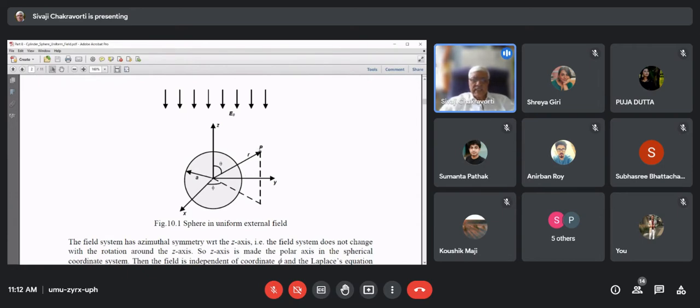Then this r, if it is rotated with one end of r fixed at the origin, then the angle it makes with the positive direction of z is theta. Then if you take the projection of r on the xy plane, you get this dotted line on the xy plane. And the angle that line makes with the positive direction of x is phi. So this is r, theta, phi.